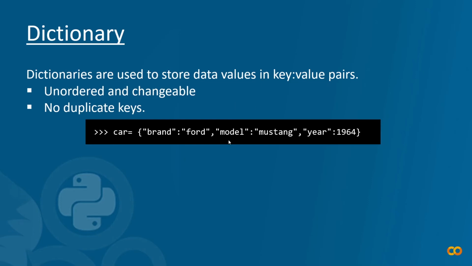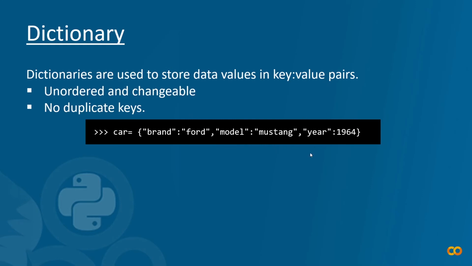But here we don't have an index value, we can write anywhere, for example this brand can be written in the third position, that doesn't matter. So for getting the value Ford, we will just call the key corresponding to that. Instead of 0, 1, 2, 3 we have some names, some strings.